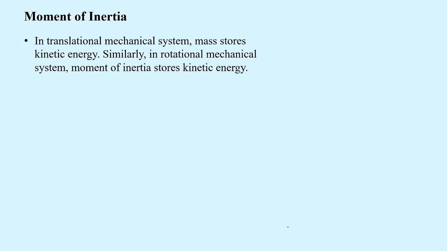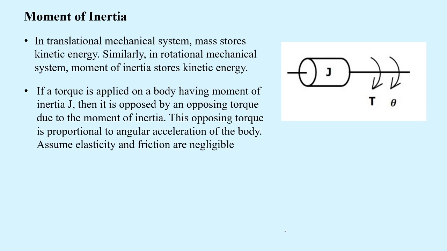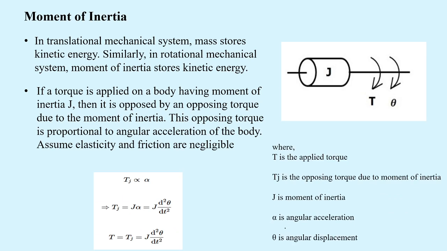Moment of inertia, as same as translational system, rotational mechanical system is also the same. This moment of inertia stores the kinetic energy, and this is proportional to the acceleration, and therefore we write down T equal to J alpha, where T means applied torque, and J means moment of inertia, and alpha means angular acceleration.